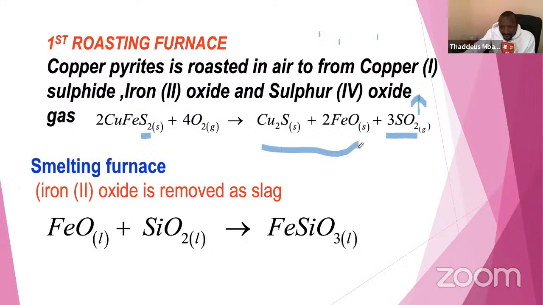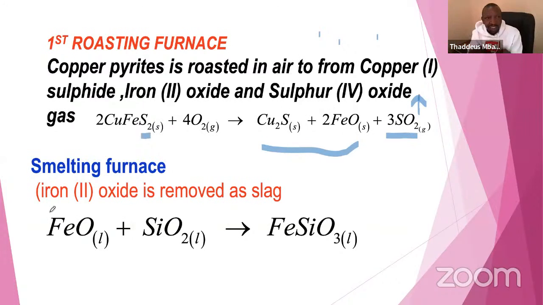They are not lost. Do we understand each other? Yes. So now the next thing to remove is iron 2 oxide, which is removed in the smelting furnace. So from the roasting furnace, we go to the smelting furnace, whereby we have iron 2 oxide. You add silica to form iron 2 silicate. So now iron 2 oxide is removed in the smelting furnace.